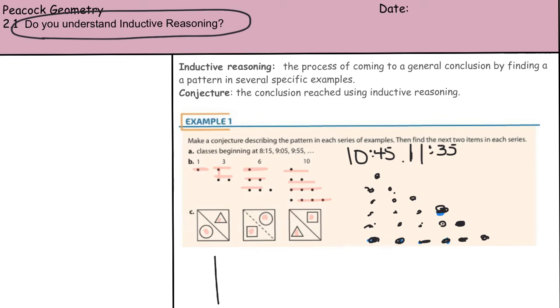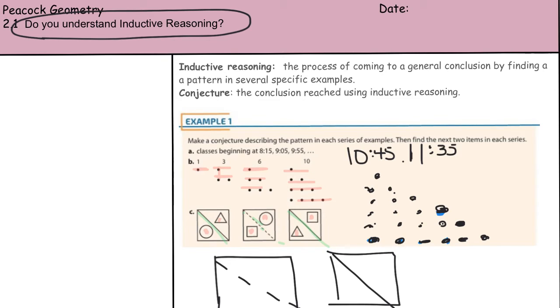If I'm going to draw the next one, would my next line be solid or dotted? I've got solid, dotted, solid, so my next line would probably be dotted. That's my first conjecture, whereas the box after that would be a solid line.